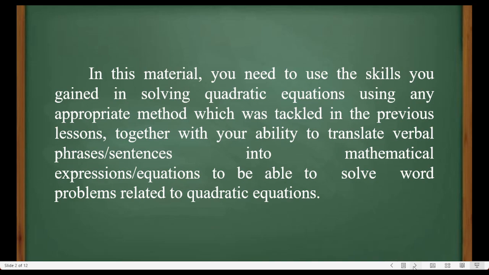In this material, you need to use the skills you gained in solving quadratic equations using any appropriate method, which was discussed in the previous lessons, together with your skill to translate verbal phrases or sentences into mathematical expressions or equations in order to solve word problems related to quadratic equations. Let's begin with our discussions in this next slide.